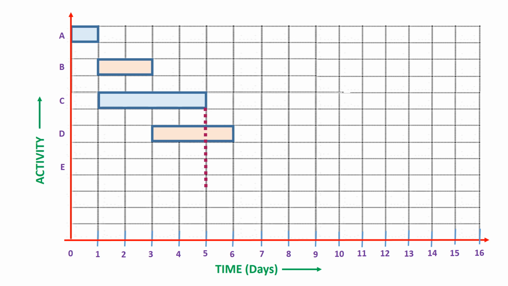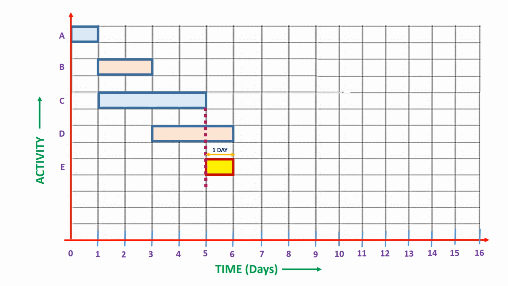Therefore, we'll consider time t equal to 5 when both activity B and activity C are completed. Therefore, my activity E is going to start from time t equal to 5, and the duration for activity E is 1 day. Therefore, my activity E will look something like this.